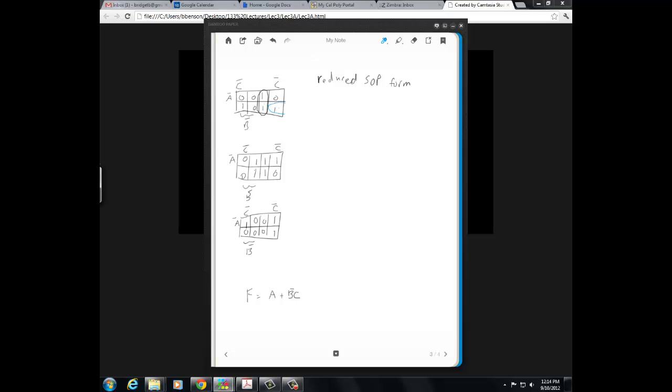And it's better to loop it with this one because that way it's going to be covered in as few groupings as possible. So that's another goal of the K-map, is we want to use as few groupings as possible. If we had included this one with this one in this grouping, we'd still need a third grouping to cover this one. So now we've only used 2 groupings to cover this whole K-map.